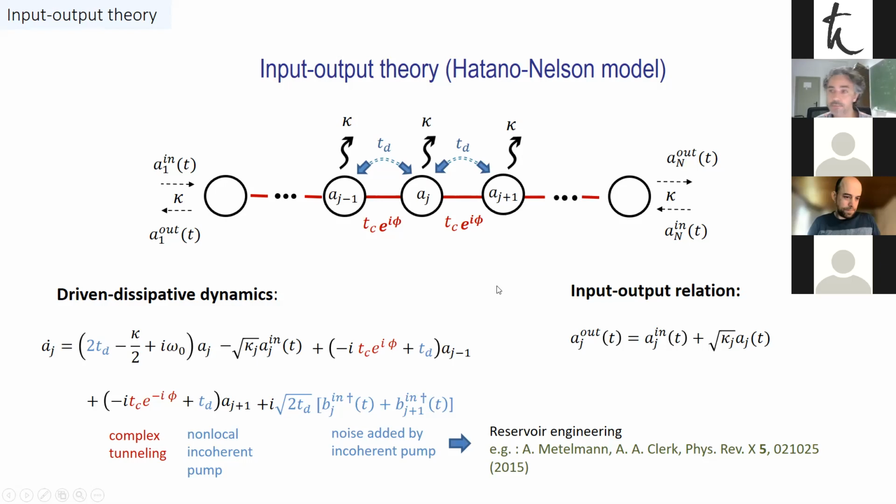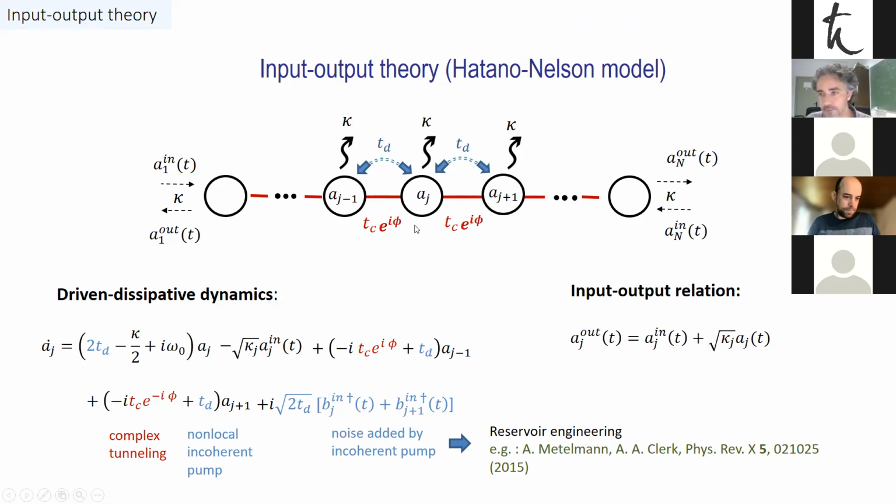This model is basically a generalization of the model that Anja Nettelmann presented yesterday, just generalized to many sites. It's also known in the literature as the Hatano-Nelson model. If you want, this is the simplest model for a many-site directional amplifier.